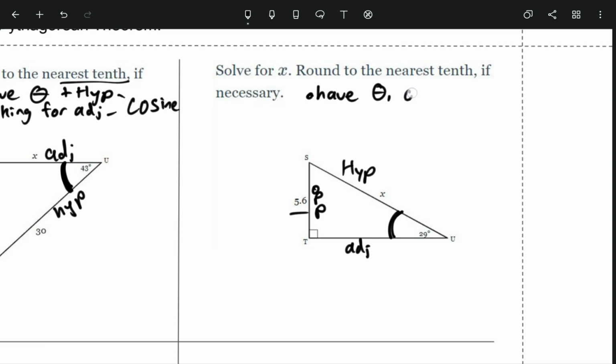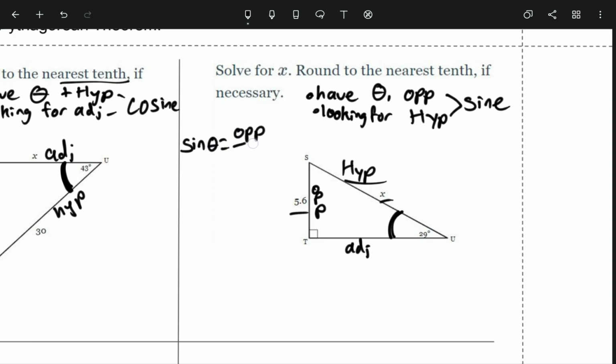We have our opposite. We are looking for x, which is our hypotenuse. Opposite and hypotenuse mean we are going to be using sine. So let's recall sine of our angle is equal to the opposite divided by the hypotenuse.